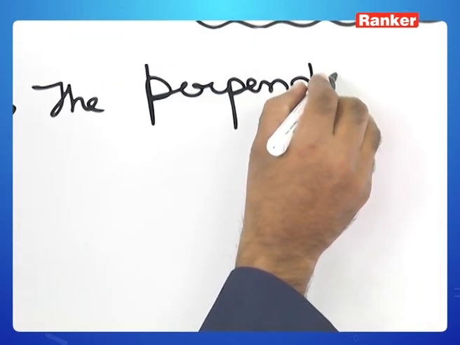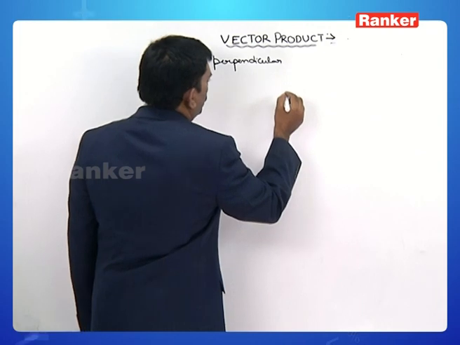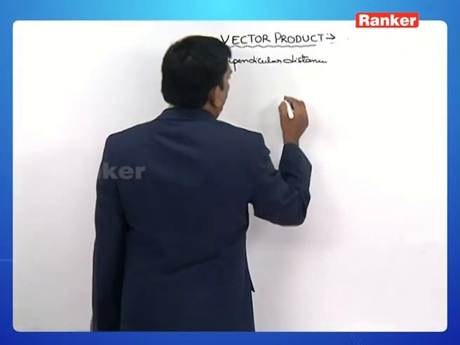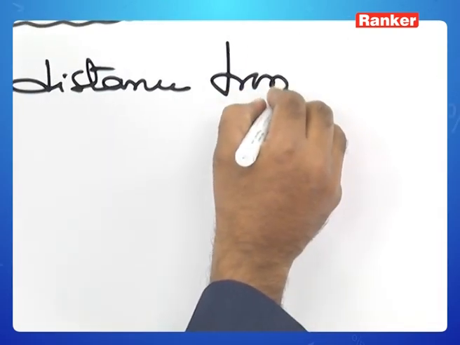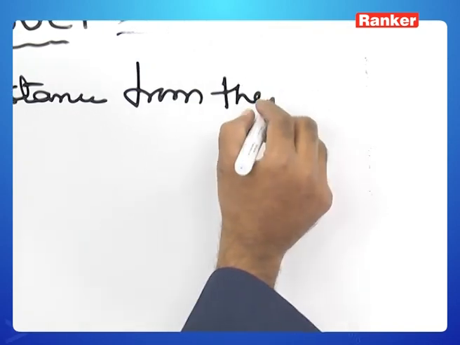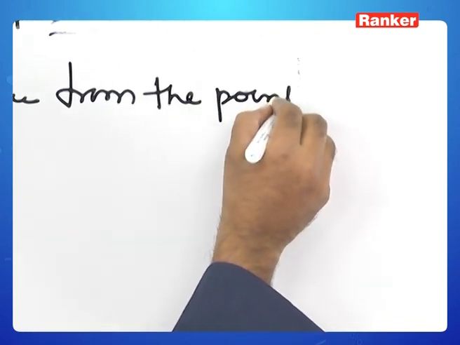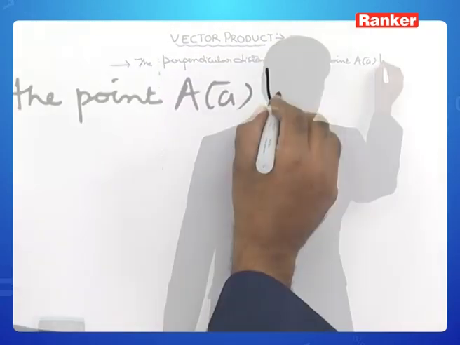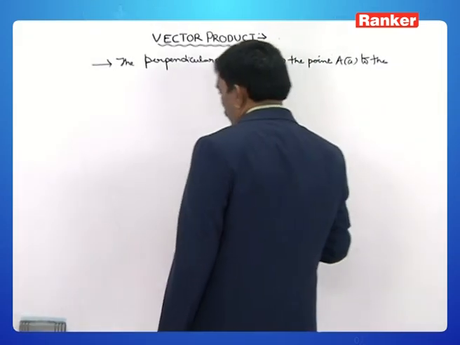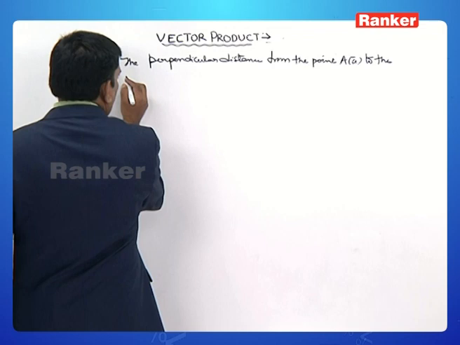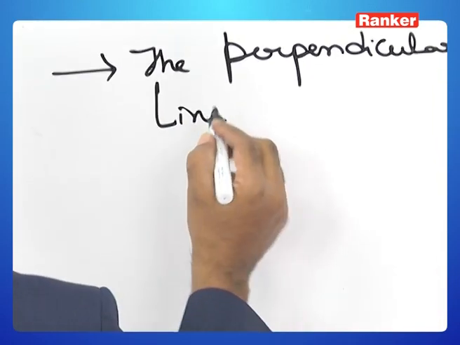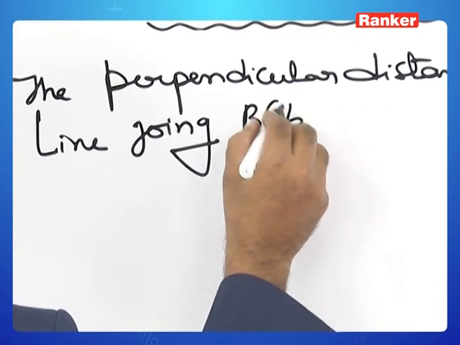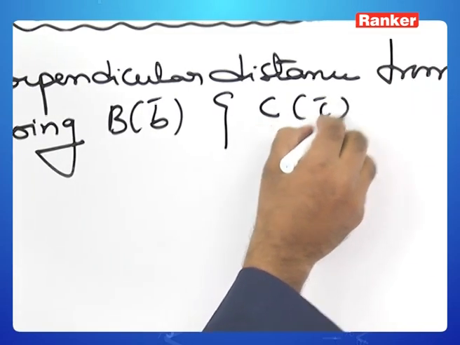The perpendicular distance from the point A of A bar to the line joining B of B bar and C of C bar.